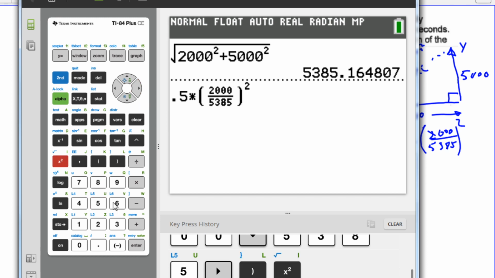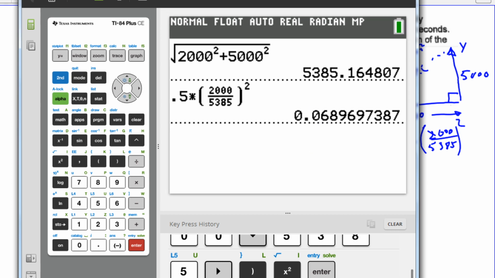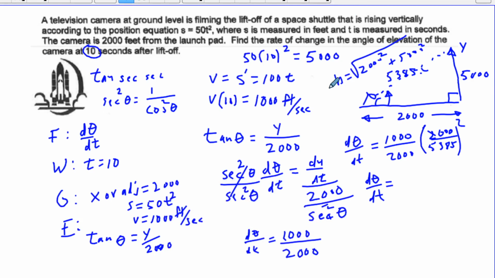So we get 0.0689. That would round off to 0.0690.